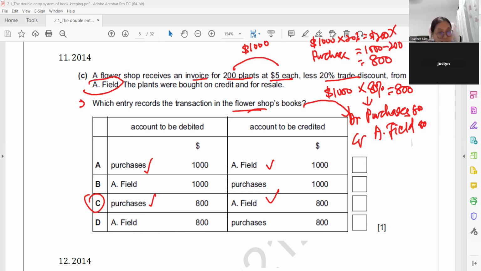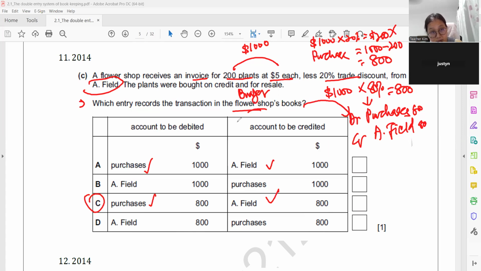Okay. Now let's continue. Okay. Why is Ali Field credit? Because this is from the buyer's point of view. The buyer does the recording.